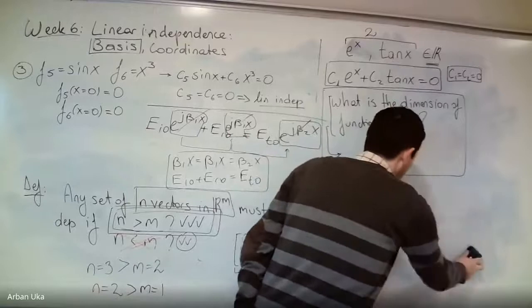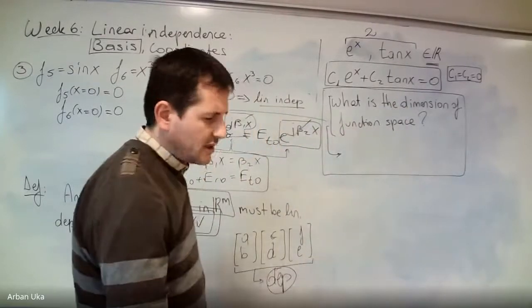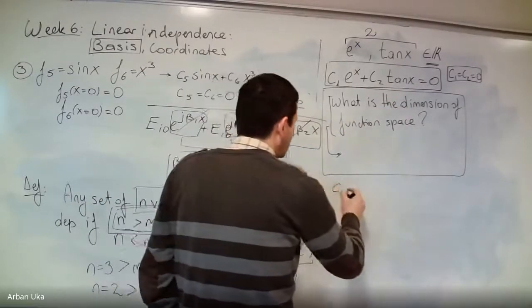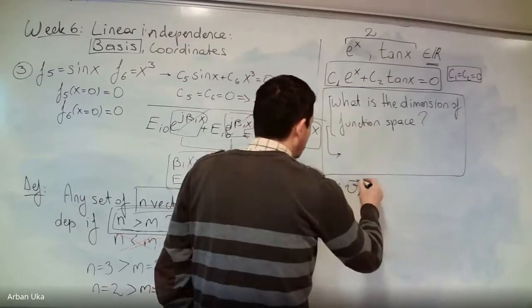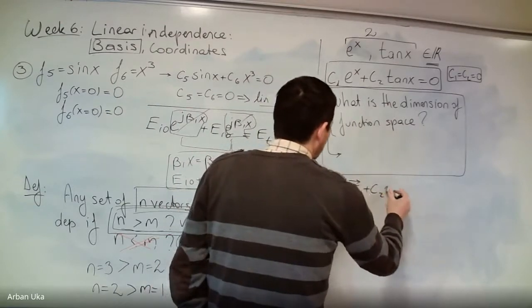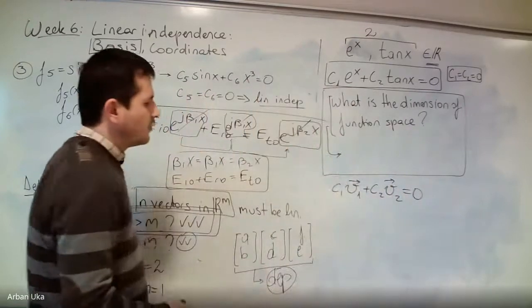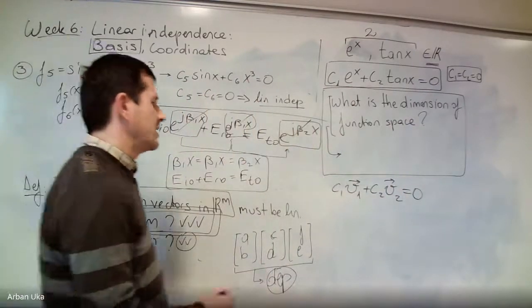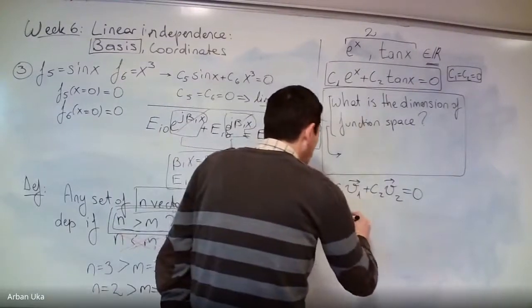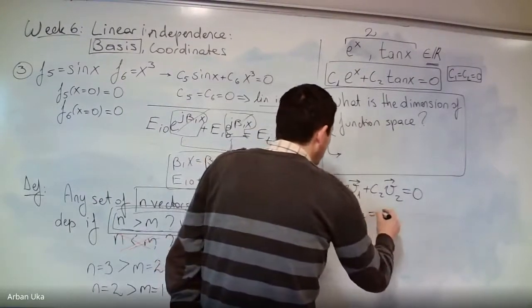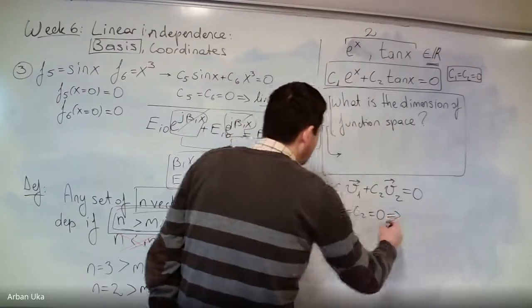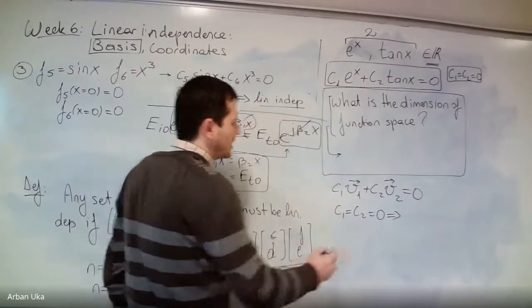So without forgetting the definition, we can also do the following. C1 times V1 plus C2 V2. These are vectors now. When is this equal to 0? If this is 0 only for C1 equal to C2 equal to 0, we immediately imply that V1 and V2 are linearly independent.